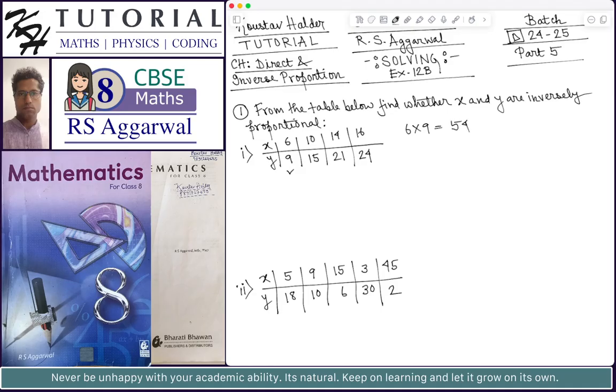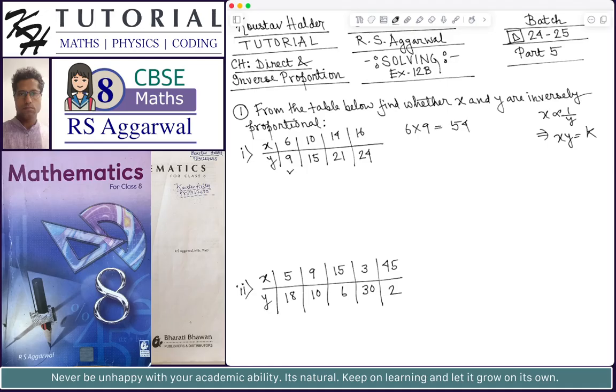Because we know that if two quantities x and y vary inversely with each other, the product of the two quantities always remains a constant, and this constant is known as the constant of variation. So for this table, if indeed the quantities x and y are inversely related to each other, then the constant of variation will be 54.